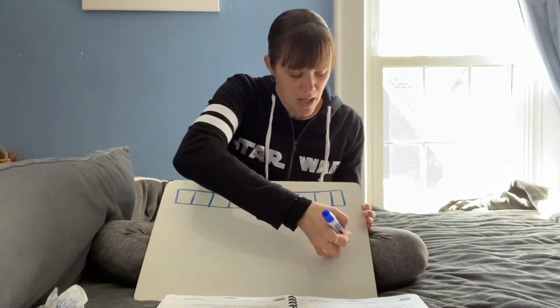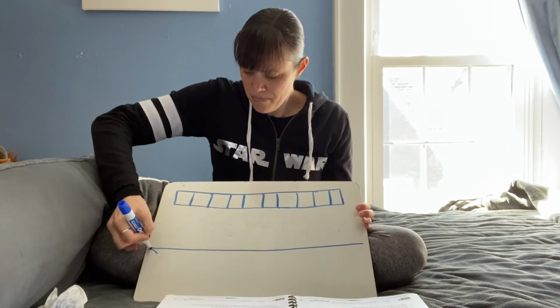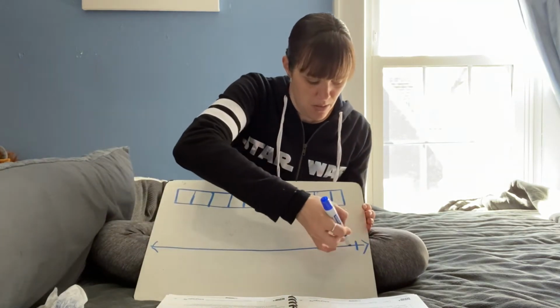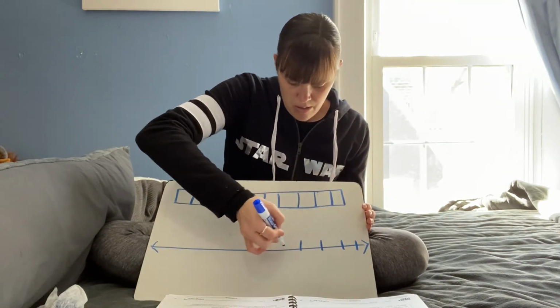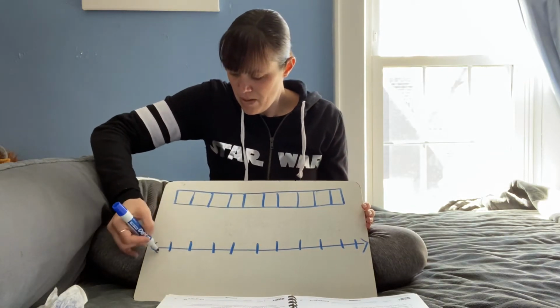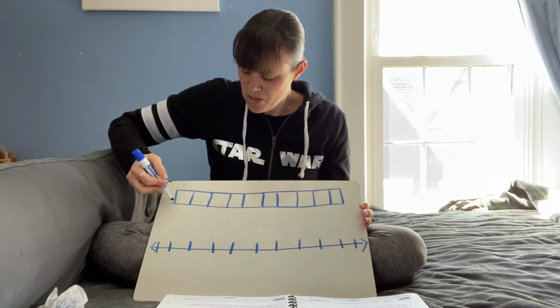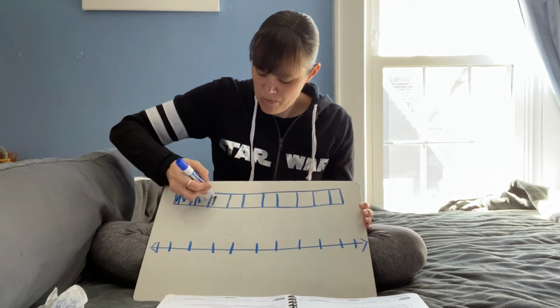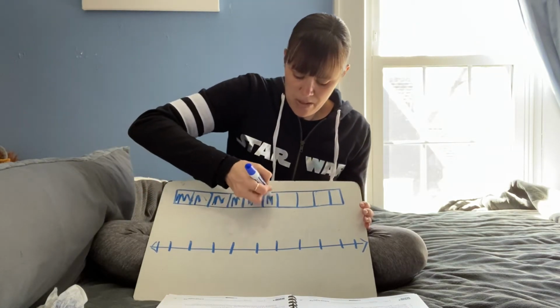Then let's make our number line. It's set to shade in 7. 1, 2, 3, 4, 5, 6, 7.